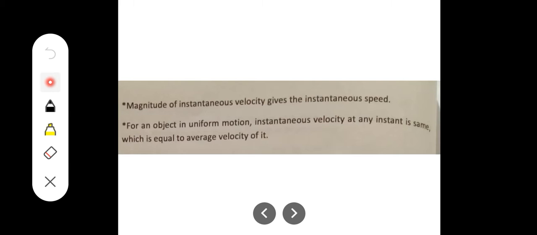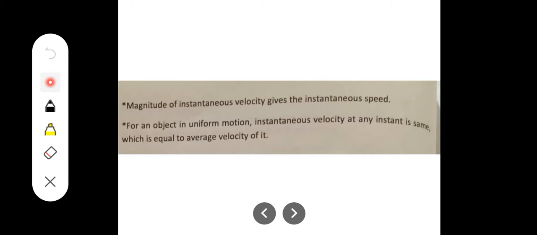Instantaneous velocity is a vector quantity, and if you take only the magnitude without considering the direction, that gives instantaneous speed.